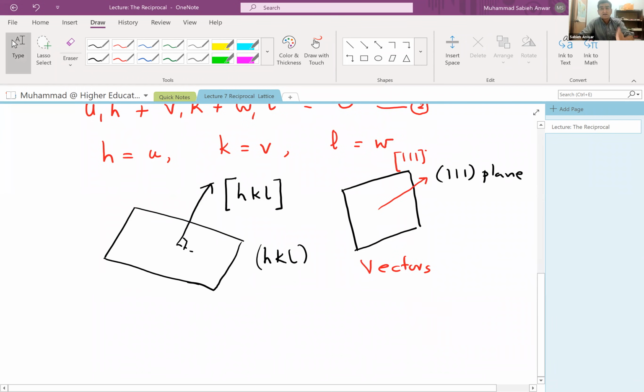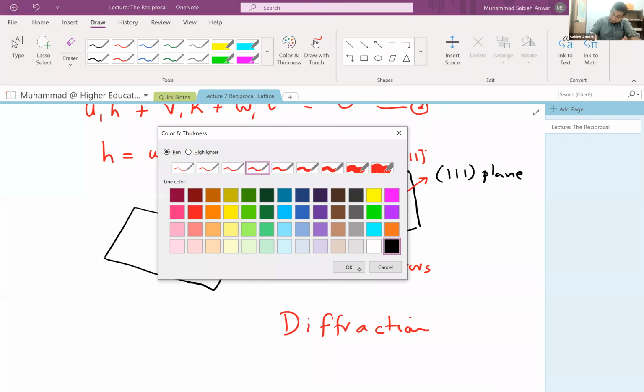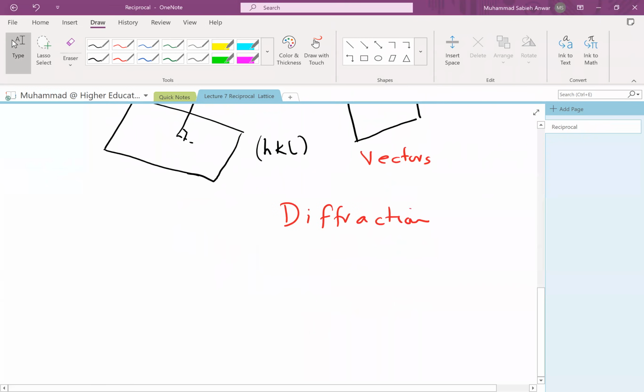And by the way, why are we doing all of this? We are doing all of this because we would like to understand diffraction. And this is the tool of choice for looking inside or peeping into crystals.